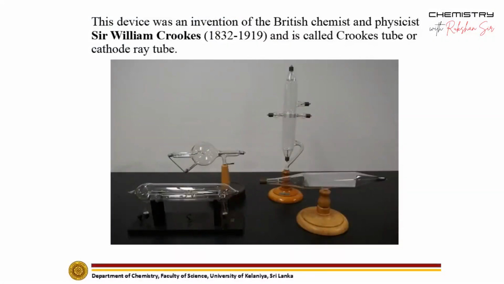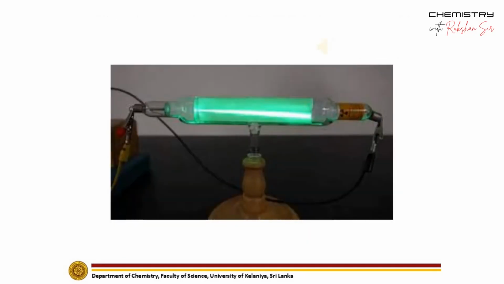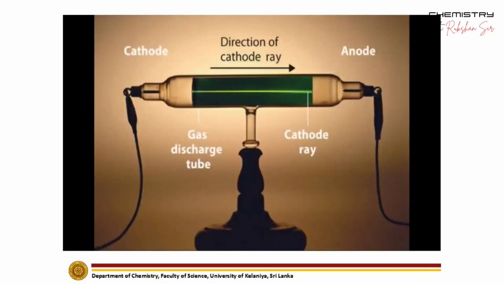Cathode tube was first invented by the British chemist and physicist Sir William Crookes. Therefore, it is also known as the Crookes tube. This Crookes tube can be used to observe properties of cathode rays. Inside these tubes is a gas at low pressure.